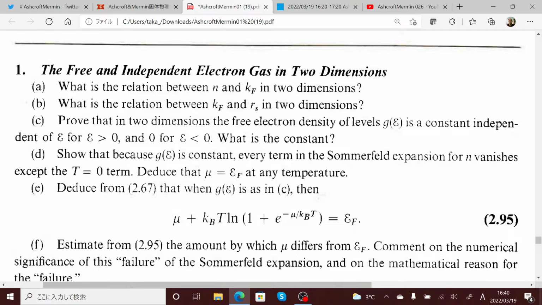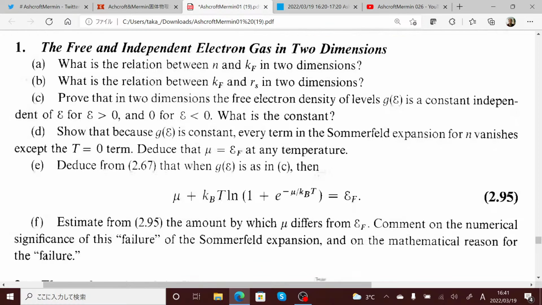Show that because g of epsilon is constant, every term in the Sommerfeld expansion for N vanishes except the T equals 0 term. Deduce that mu equals epsilon F at any temperature.